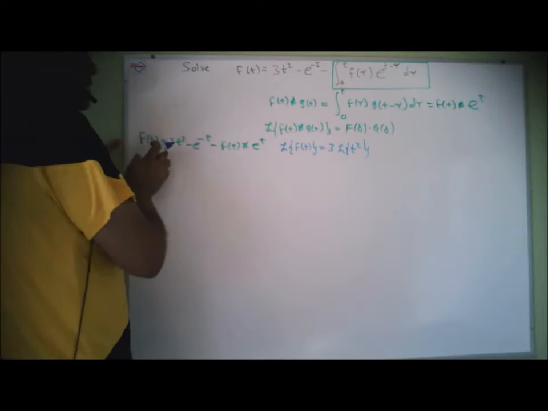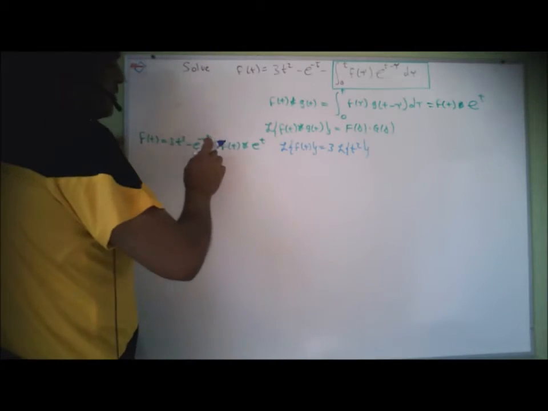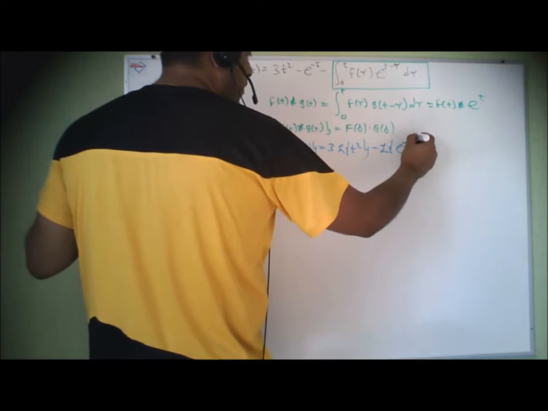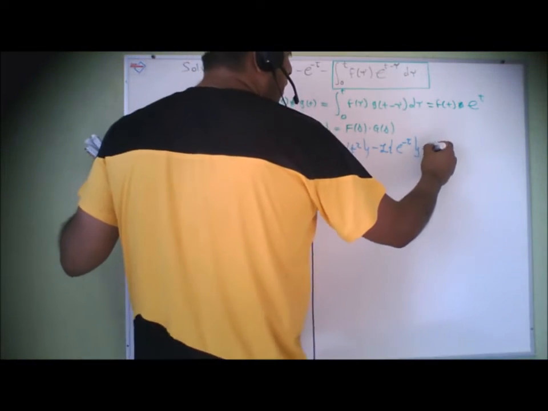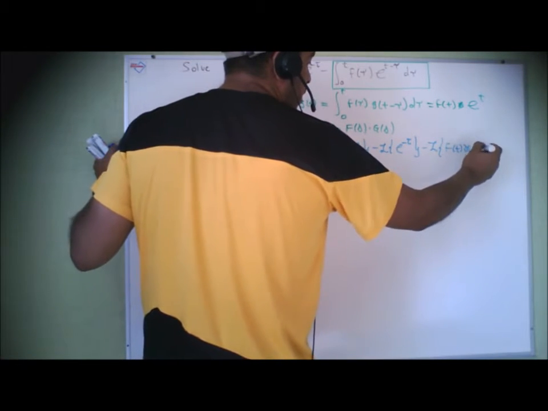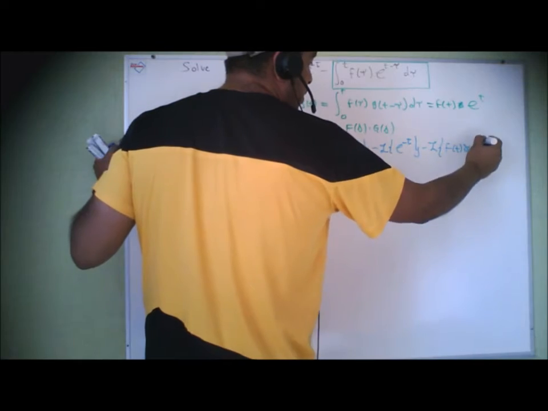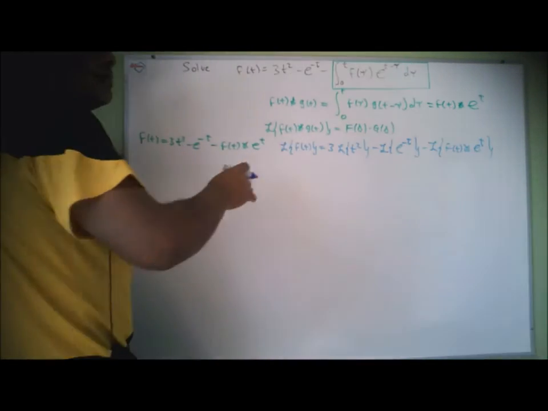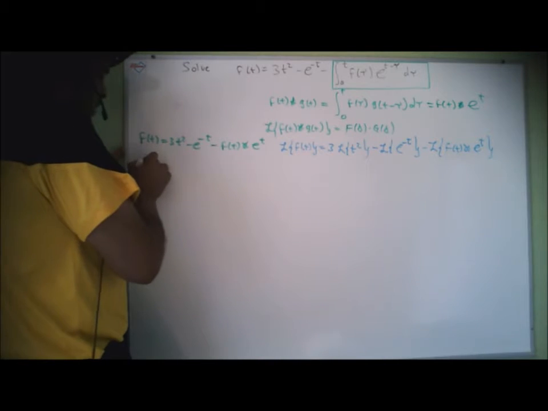We apply the Laplace transform to each one of the terms, minus the Laplace transform of e to the minus t, minus the Laplace transform of f of t convolution with e to the t. Because we don't know what f of t is, we are going to leave it like that.